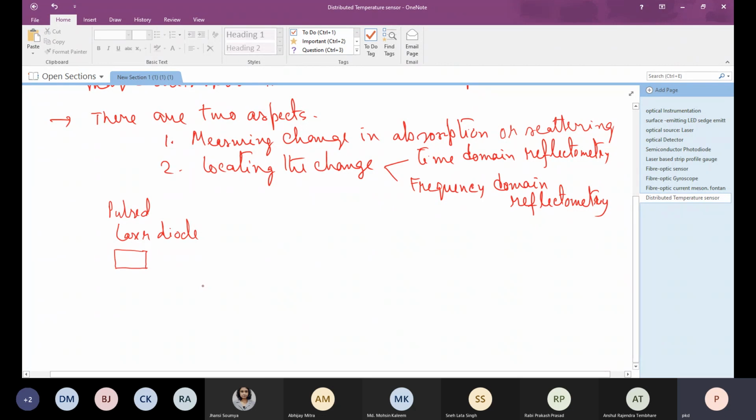Rayleigh scattering basically is available for all power of the light, but generally Brillouin scattering is medium power, and for Raman scattering we may require high power laser pulse.